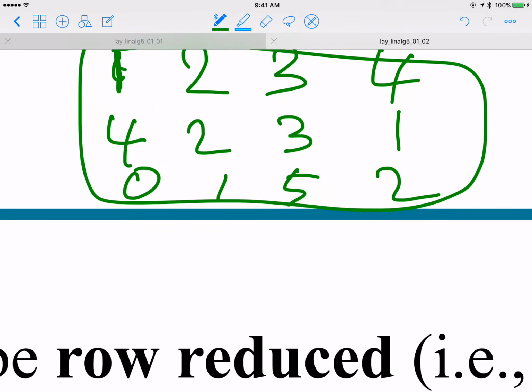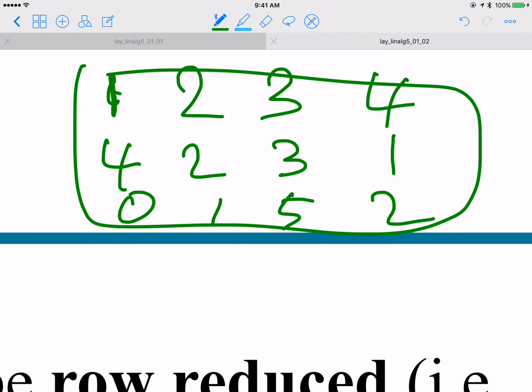Let's think about this matrix. What is the leading entry in the first row? This one. And what about the second row? This is still a leading entry, and this is a leading entry. They are still called leading entries, but this matrix is not satisfying the echelon form.